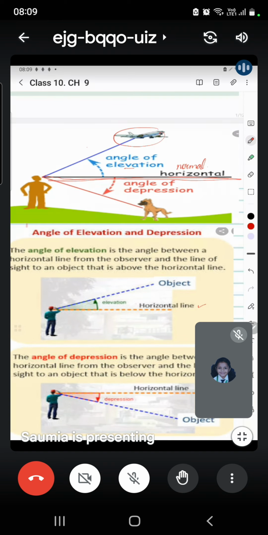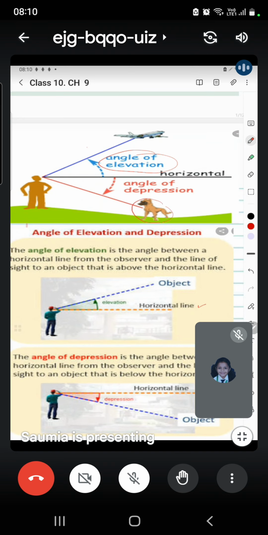So there is an angle made between this line of vision and the normal line of vision. That is called the angle of elevation. You know what an elevator is? It takes you up. So how much are you going to look up in comparison to the normal line of vision, that is called the angle of elevation.